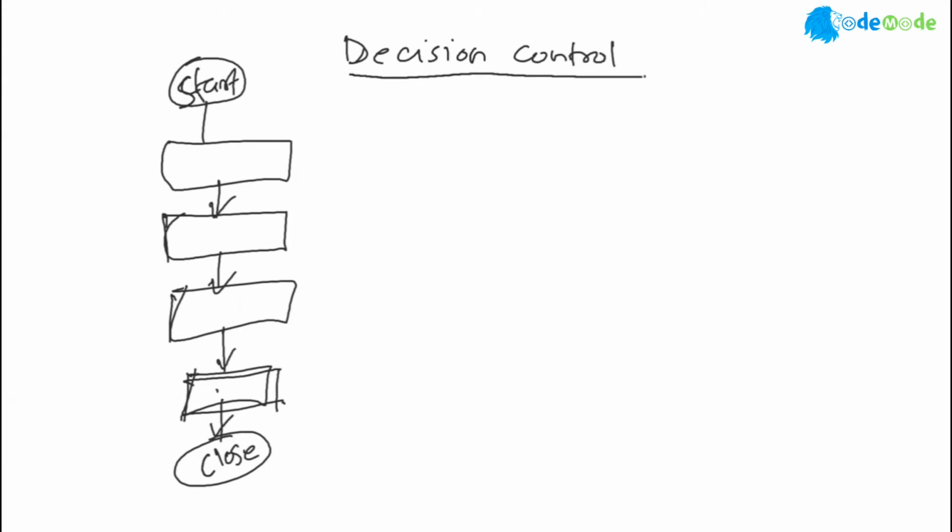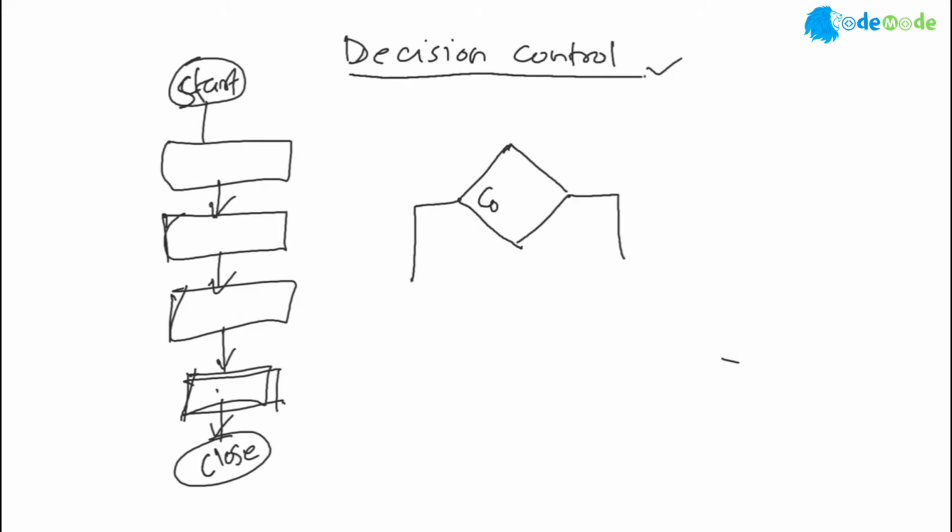But under decision control, we are going to learn how to skip some lines based on certain decisions or conditions. And if you remember, there is a flowchart shape that is a diamond, and diamond is for decisions.